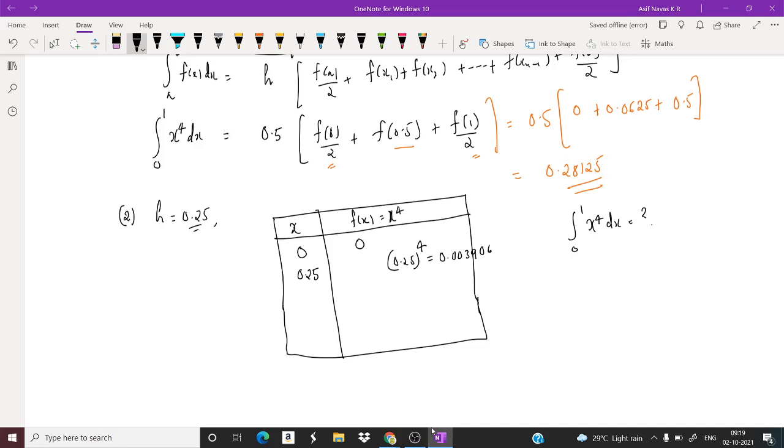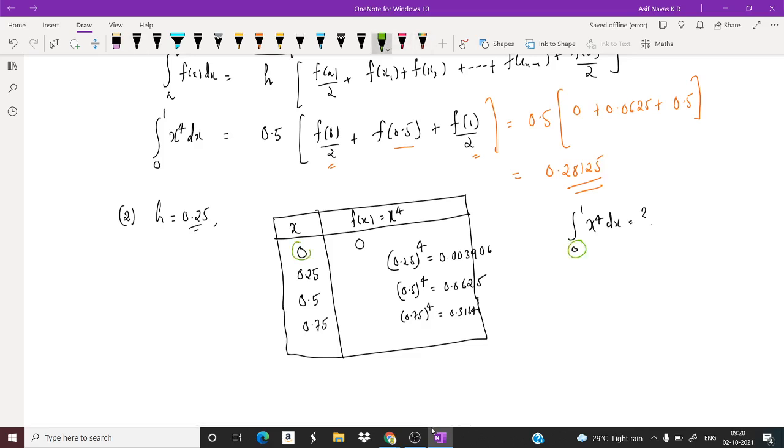Now the third value is 0.25 plus 0.25, that is 0.5, and 0.5 all raised to 4 is 0.0625. The next value is 0.75, and 0.75 all raised to 4 is equal to 0.3164, which we can easily calculate from the calculator. And the last value, so we will reach b.